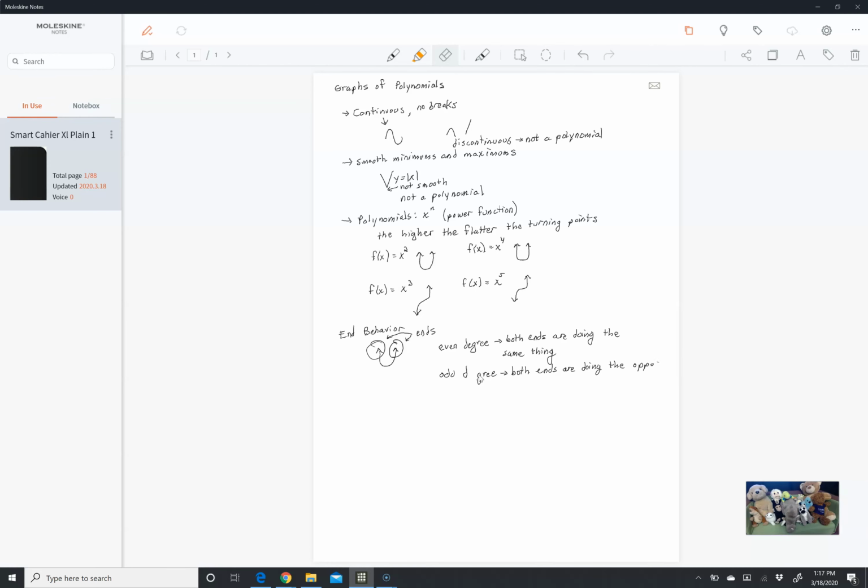So when we say both ends are doing the same thing, you mean either both increasing or both decreasing. Whereas when we say that they're doing different things, we're saying one side increases and the other side decreases.